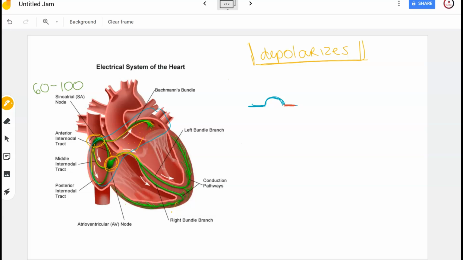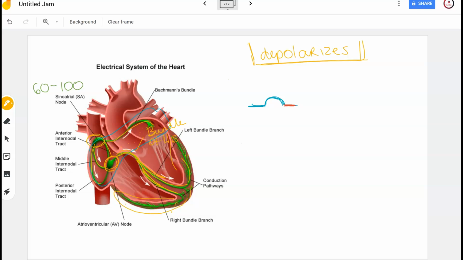Right here is what's called the bundle of His. And then it goes to the right bundle branch and the left bundle branch, okay? As the electric moves down the bundles, it gets to the Purkinje fibers right here, these little horsetail looking fibers.